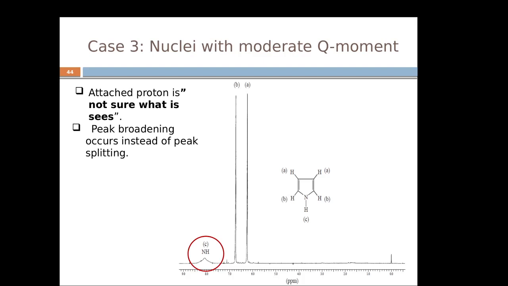So as a result, neither do we see a peak splitting due to coupling with the quadrupole moment nucleus, nor a singlet pattern due to decoupling, but rather we see an intermediate effect where the NMR spectrum of the proton gets broadened, okay. So peak broadening happens because of this coupling with nuclei with a moderate quadrupole moment, and this effect is called quadrupole broadening.